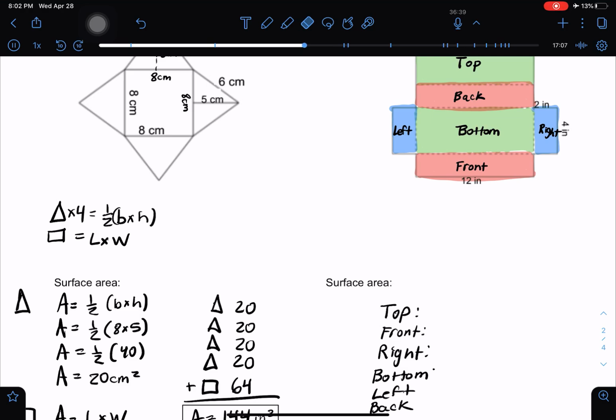All of these are rectangles, so all of these are going to be length times width.